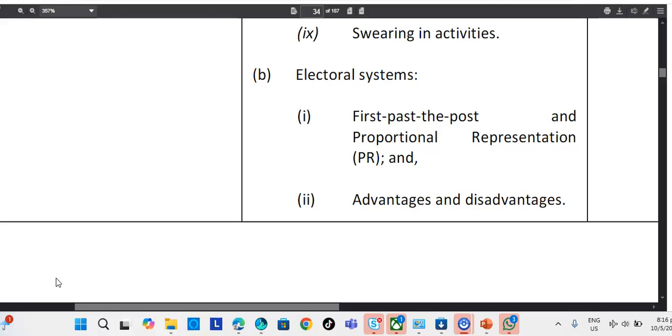So first past the post, at the end of election, they count all the votes and the candidates in each constituency that gets the most votes, they become the member of parliament. The party that has the most candidates winning their seat in their constituency become the government. Then they choose their prime minister.